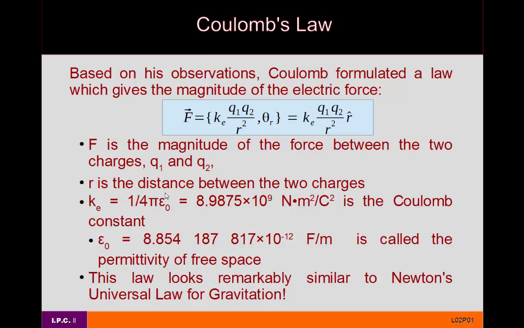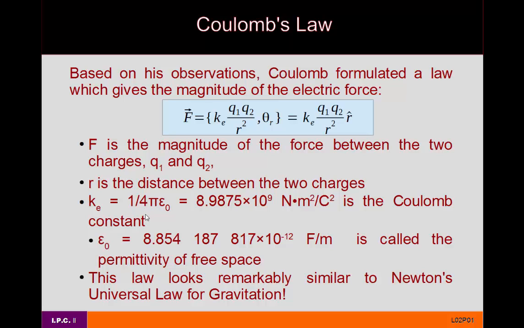There's an additional constant which I'm not using in this equation called the permittivity of free space. It's given by this number right here. It's epsilon naught. I mention it because Ke, the Coulomb's constant, is 1 divided by the quantity 4 pi epsilon naught.